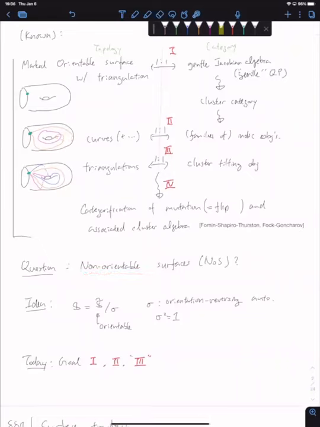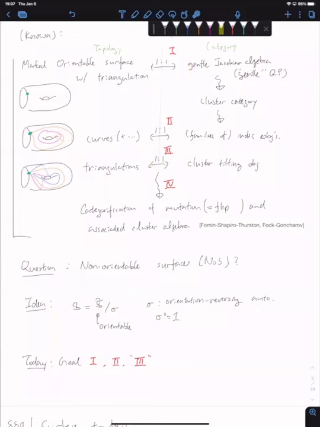The idea is that regardless of whether the surface is orientable or non-orientable, you can always find a two-sheeted cover, or double cover, which I denote like this here, and take an orientation-reversing automorphism of order 2, then you will get your starting surface. I'll use this idea to do the first three goals.